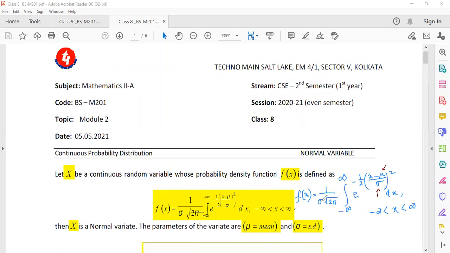Also, sigma is appearing outside, as its reciprocal has been taken and is being multiplied by the reciprocal of the square root of twice pi. So it is pretty clear from this function that mu and sigma are the parameters of the normal variable. Remember, this capital X, if it has such a probability function, such an expression, then such a variable is called a normal variable.